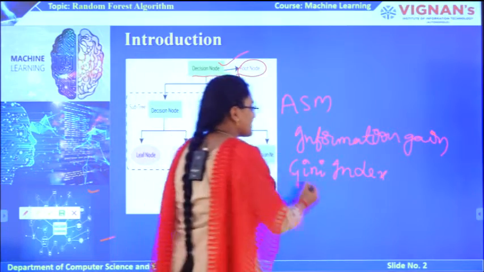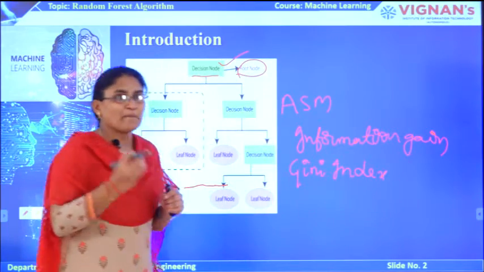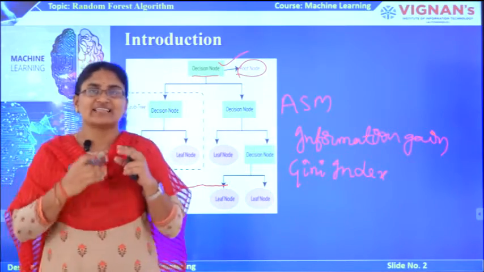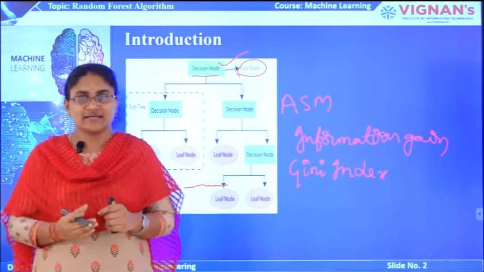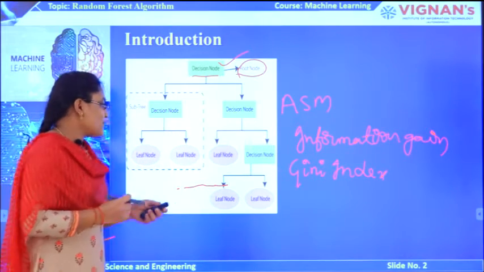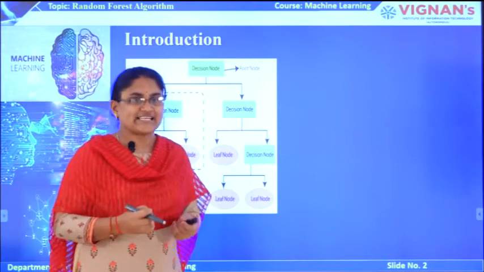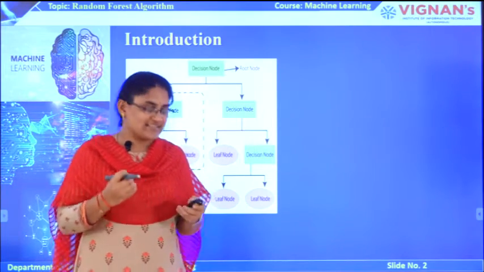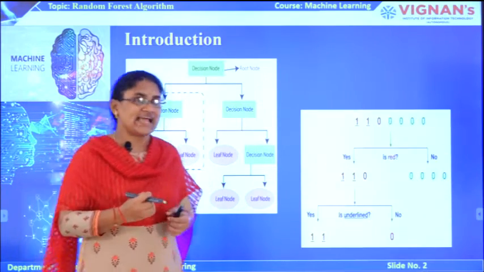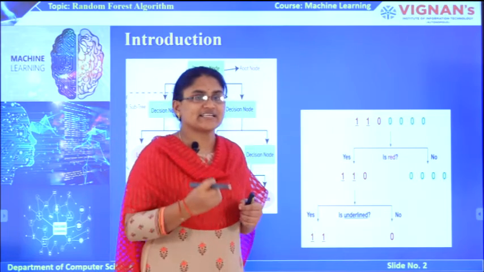Based on these measures, we select the best decision node for our further splitting of the decision tree. This is nothing but the decision tree. And now let's see one example. With that example, we can easily understand how the decision tree works.